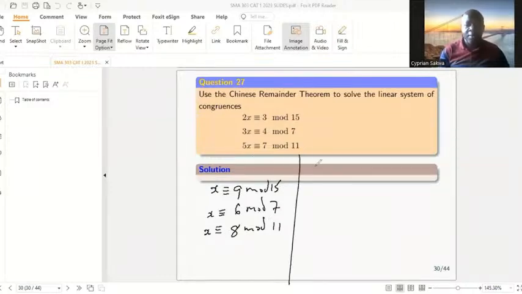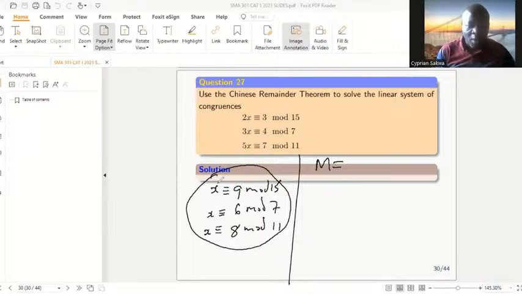So now find m. Find m, and m will be 15 times 7 times 11, and when you do that, you get 1155.